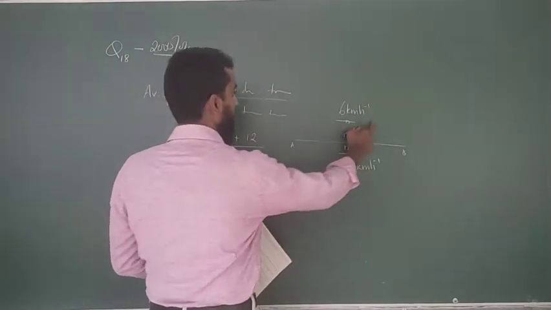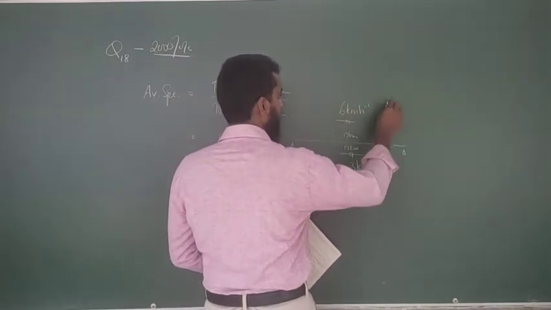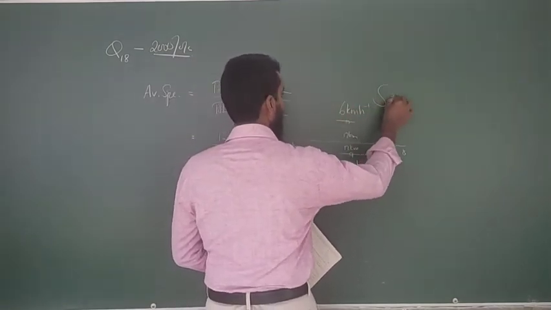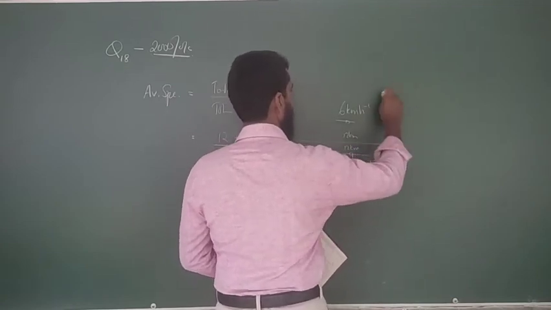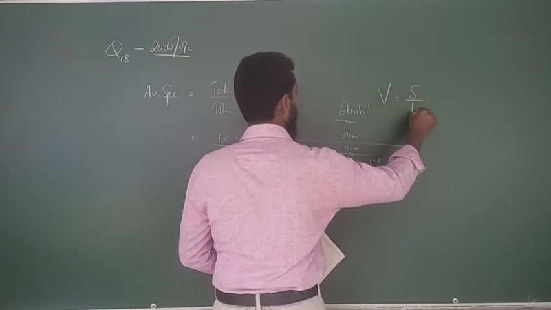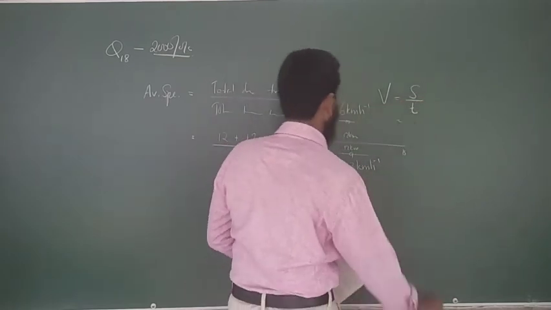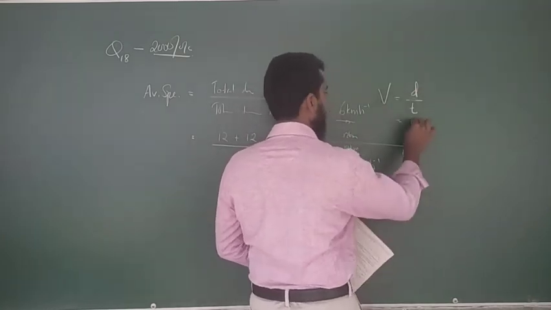Then we can find the time taken using this data. What is the data here? Speed is equal to distance over time taken. What is the distance covered?